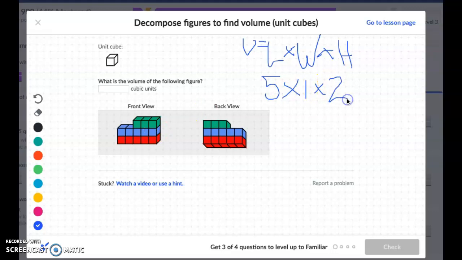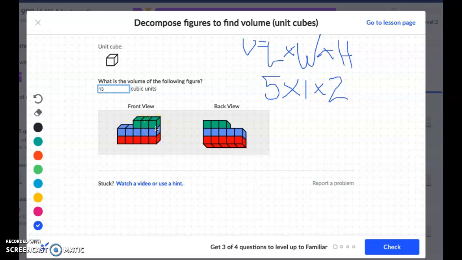So the volume of just the red and the blue is 5 times 1, which is 5, times 2, which is 10. And then I can see that there's 3 green cubes on top, so that's 13.